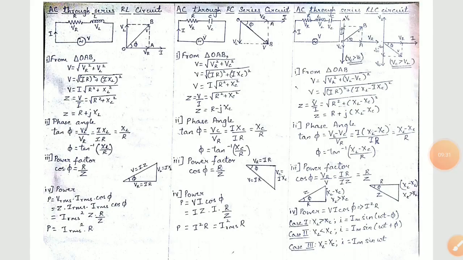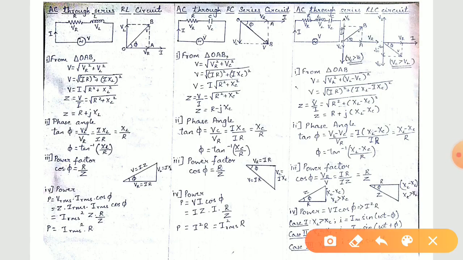The comparative analysis of the RL circuit, RC circuit and RLC circuit is shown here. We'll go through each one by one so that we can find the value of impedance, phase angle, power factor and power.